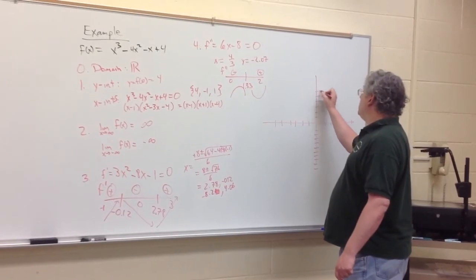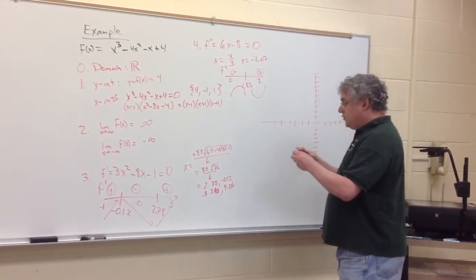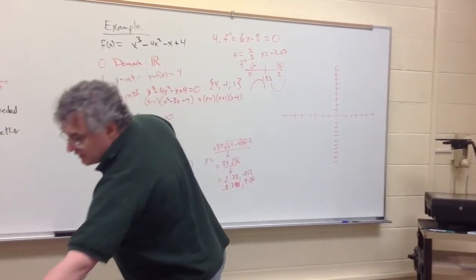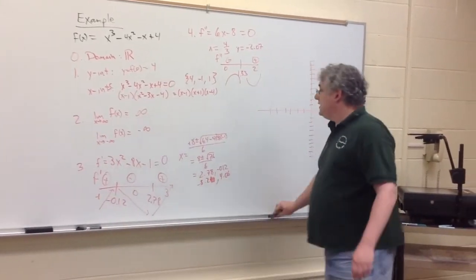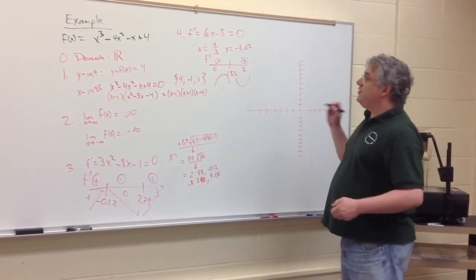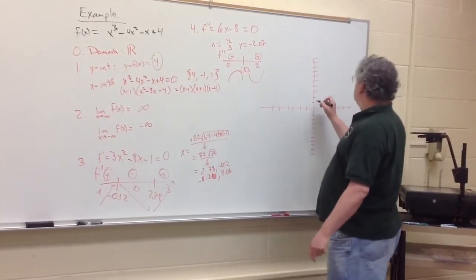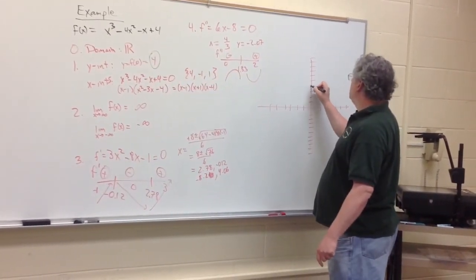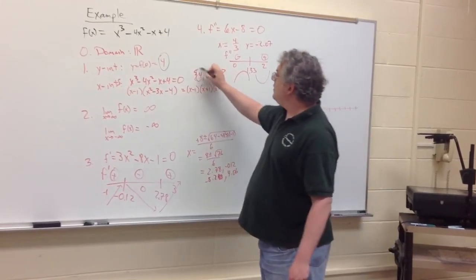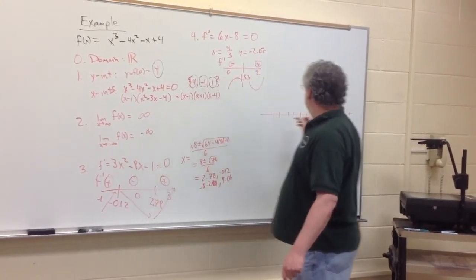So I'm going to plot this graph now. And just so I can be clear, I'm going to use a different color here. So, first of all, the y-intercept is 4. The x-intercepts are 4, minus 1, and 1.